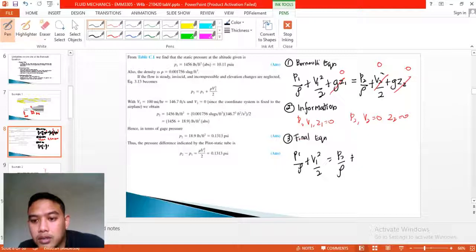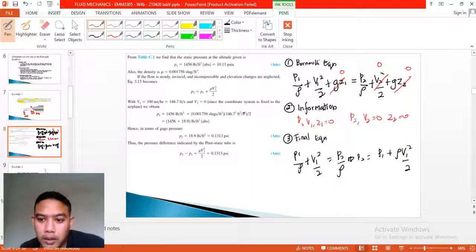The plus terms are gone, this is only the remaining equation. If we take P2 as the left hand side, we will get P2 is equal to P1 plus rho V1 squared divided by 2.